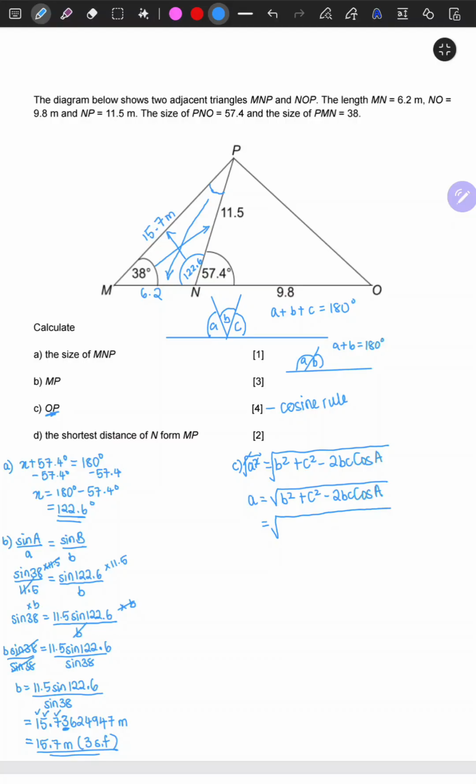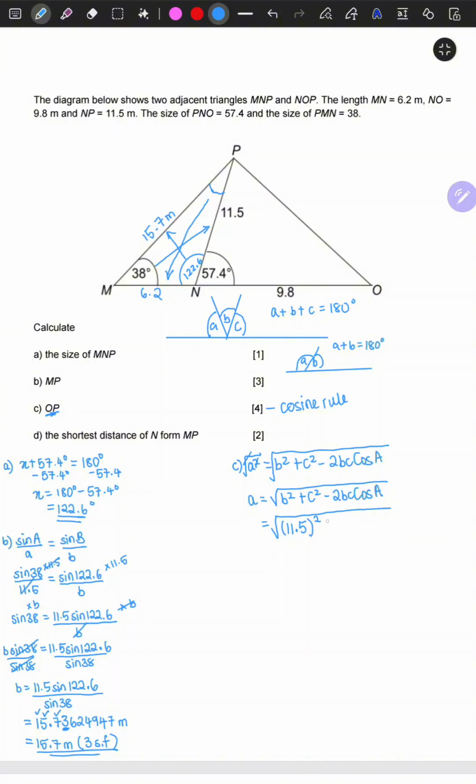This is what I usually do for the cosine rule. The b and the c will be the 2 sides that enclose the angle, which are these 2 sides here, and the angle itself will be the cos a, so it will be 57.4. So for b, I'll input any of the sides that enclose the angle.